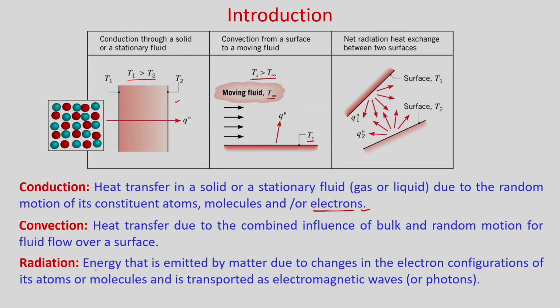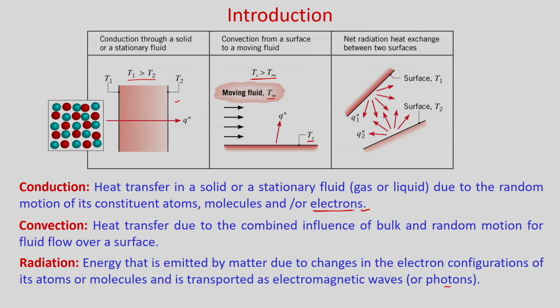Now, you see the radiation. Energy that is emitted by matter due to the changes in the electron configurations of its atoms or molecules and is transported as electromagnetic waves or photons. Here you can see the net radiation heat exchange between two surfaces: one surface maintained at temperature T1 and another at temperature T2.